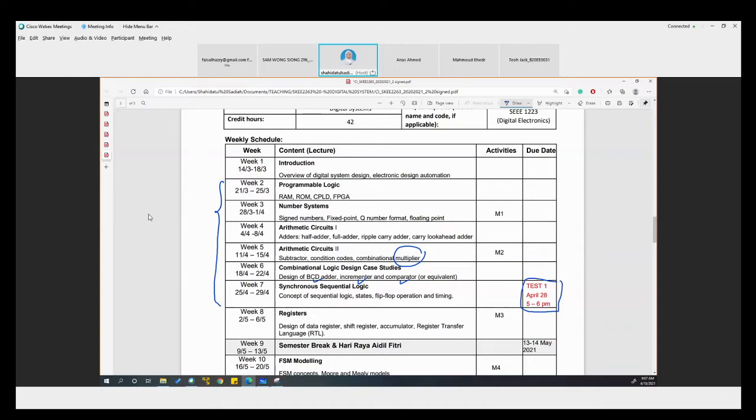Introduction, nothing, so you don't have to worry about that. Combinational logic, but this is just the application of the adder, subtractor, and multiplier.